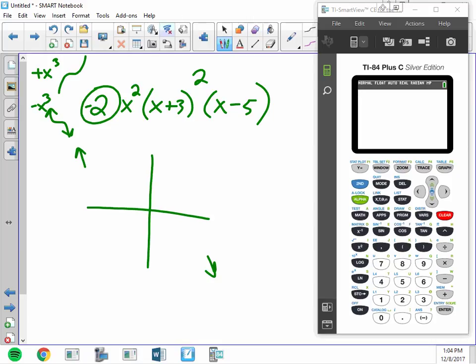Our roots are negative 3, and that's a bounce, and 0, and that's a bounce, and 5, and that's just a regular root. And the negative makes it upside down, but the 2 makes it twice as tall. And an x to the 5th is already very tall, so that 2 is going to make it even taller. So it would look something like this. Come down, bounce, bounce, straight down. Something like that.